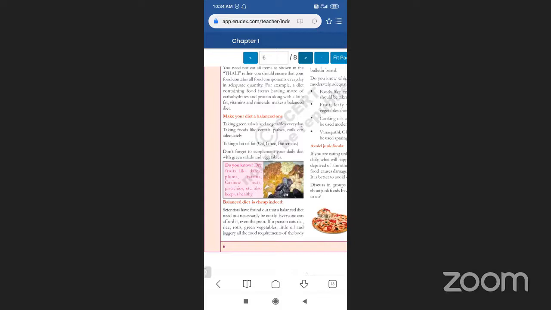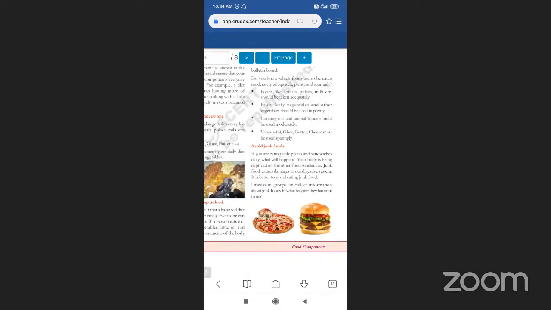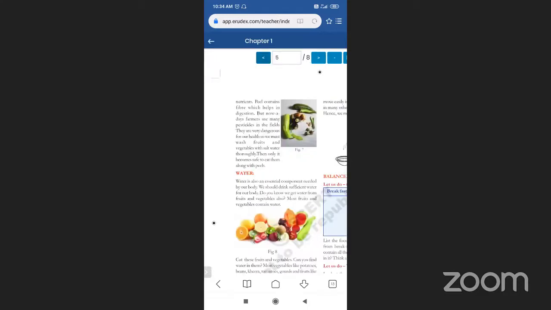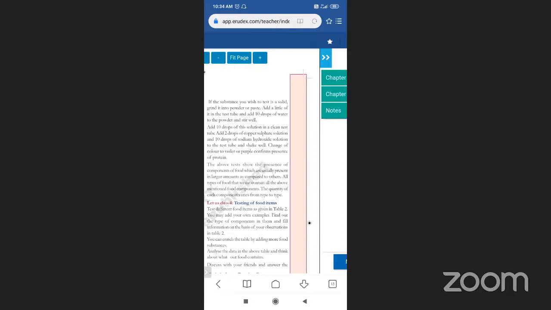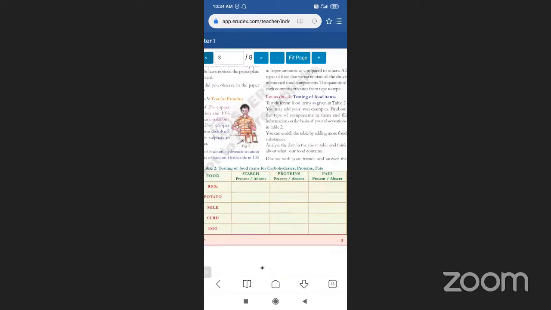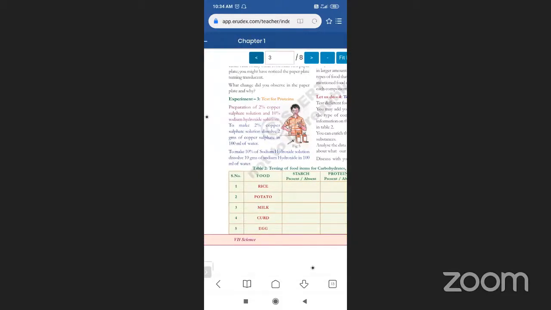So students, continue in the next presentation part. Till now, we discussed from activity 4, what food items we are taking and whether they contain all the food components or not.